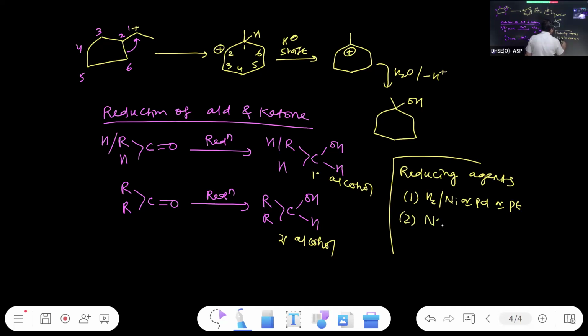Second, sodium borohydride, lithium aluminum hydride. So these are the reducing agents used for this purpose. Quickly note down.